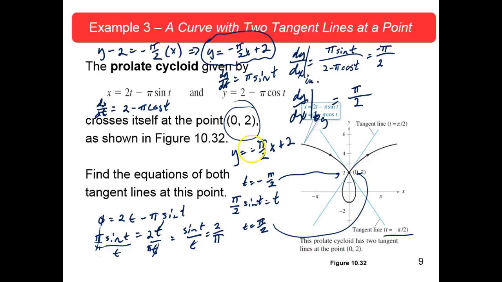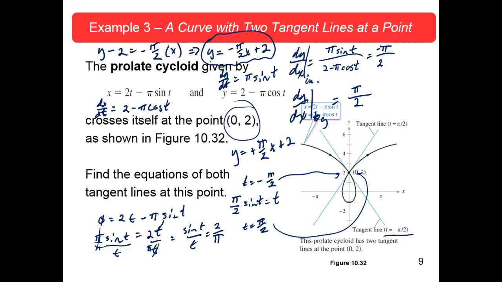No, I'm sorry, positive pi halves, because the slope is positive pi halves. Now, I didn't do the same thing before because, silly me, I didn't realize this is a y-intercept. And if you know the slope is pi halves, then the slope-intercept formula is y is equal to mx plus b, and the b is 2. So it's just pi halves x plus b. Okay? I did extra work last time. I didn't need to. All right.